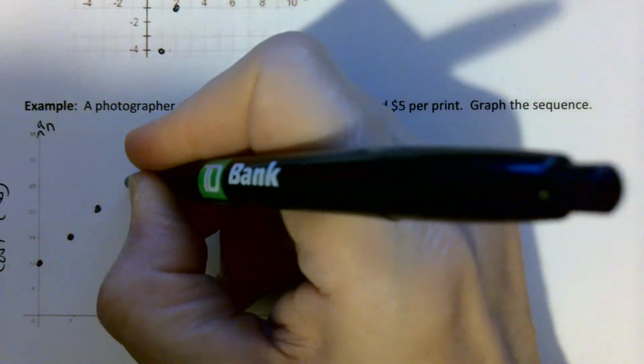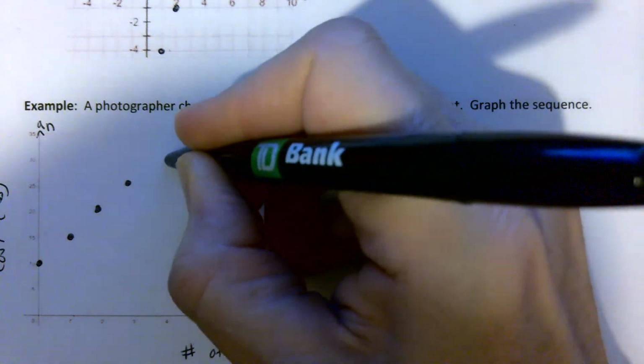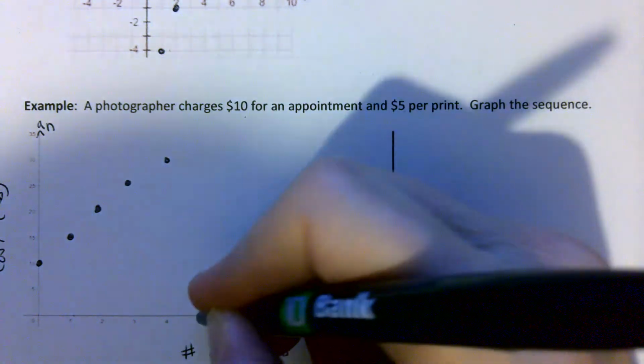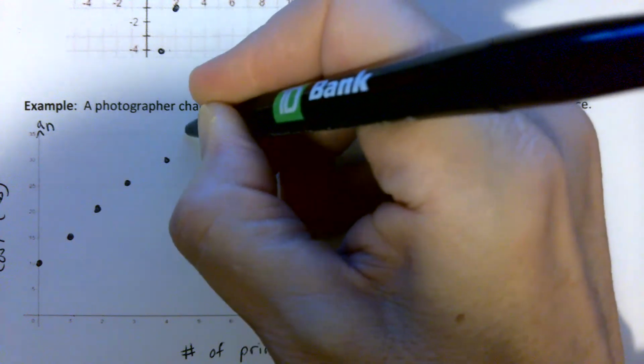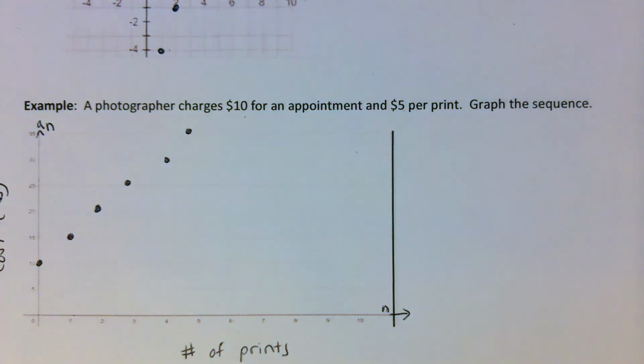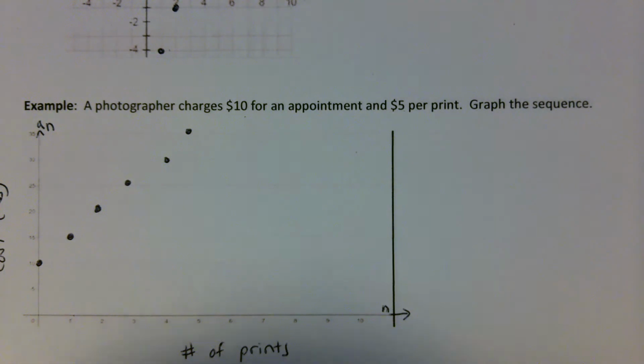Every time I purchase one more print, it's going to be another $5. You can see as we go along that this is a linear function, which we know an arithmetic sequence is. So you graph the sequence.